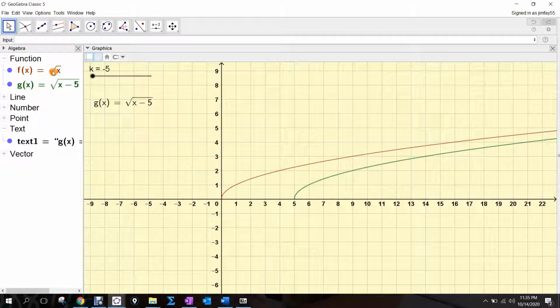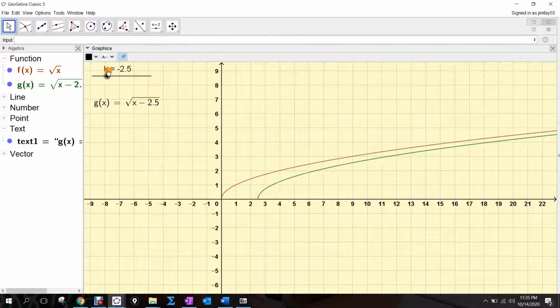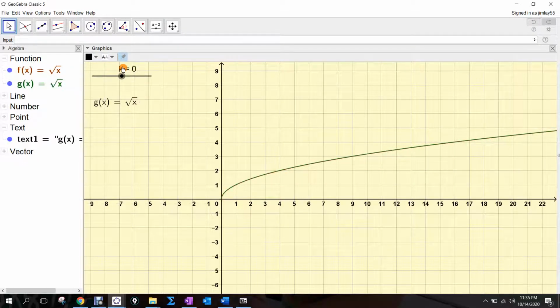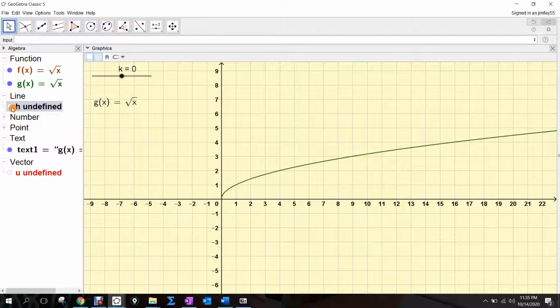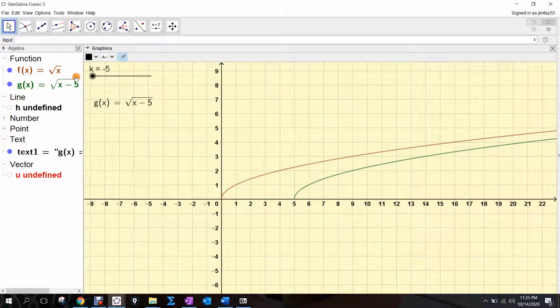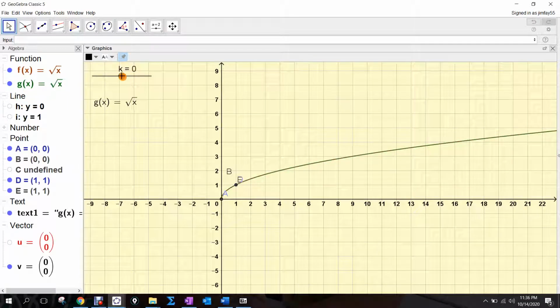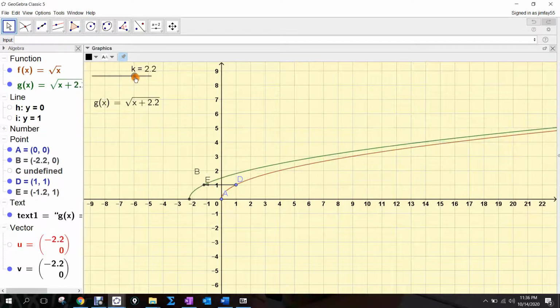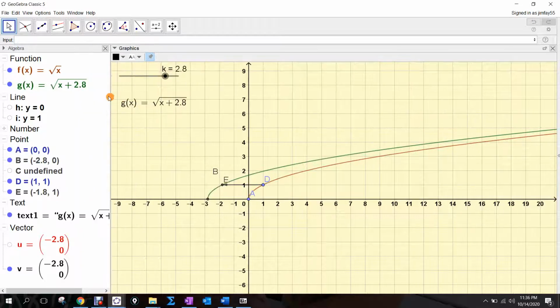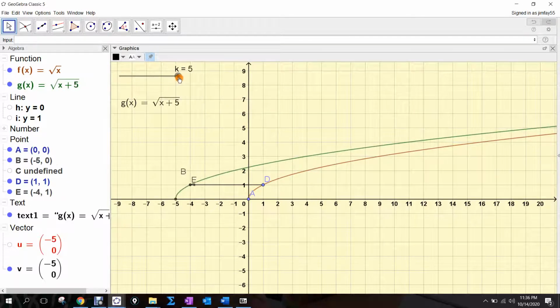If I start at 0, and I don't know where my vector went, alright, so if I've got square root of x as my parent function, now if I add an amount to that, you see that it adds underneath the radical, so I'm adding to x before I square root, just like in the last one I was adding to x before I squared. That is going to move things to the left if I'm adding.